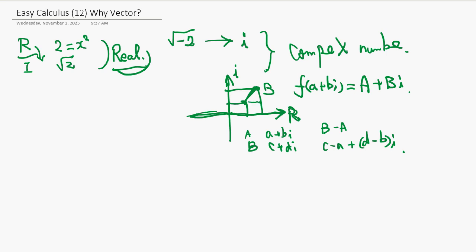So that's going to be this section. What is the length? It's going to be the square root of (c minus a) squared plus (d minus b) squared. That's going to be the length, right? So and so. But it's not that useful, right? You cannot solve many geometrical problems.